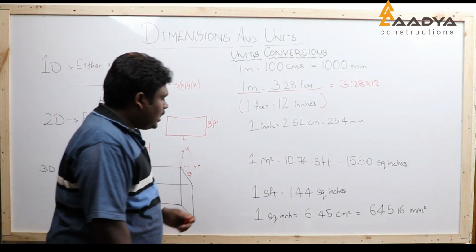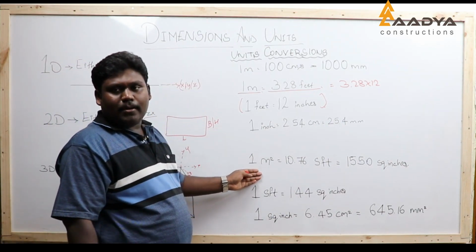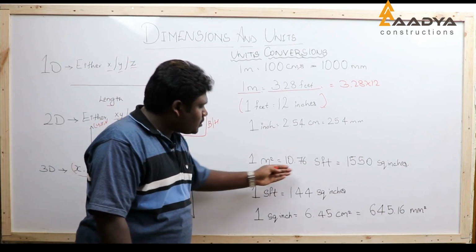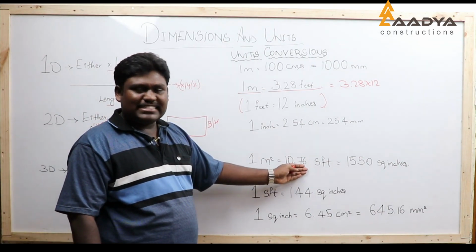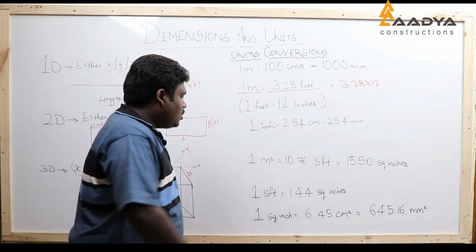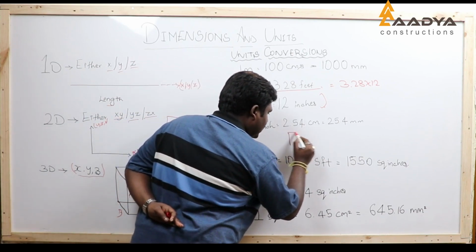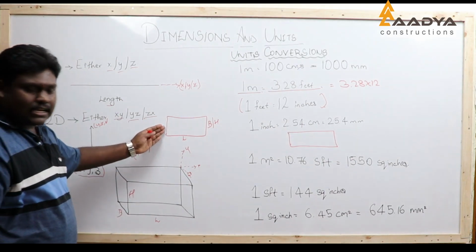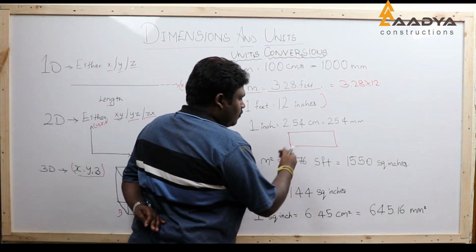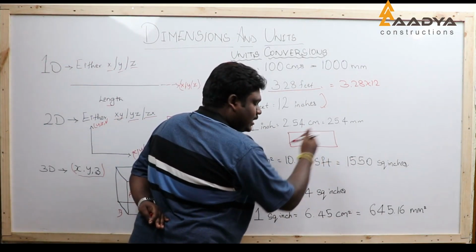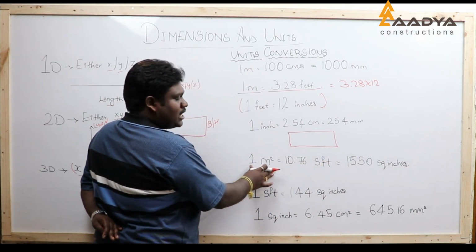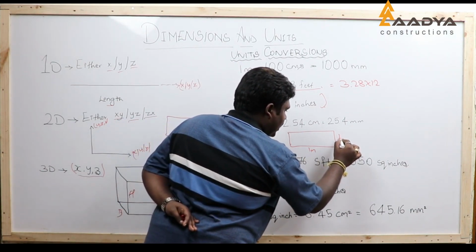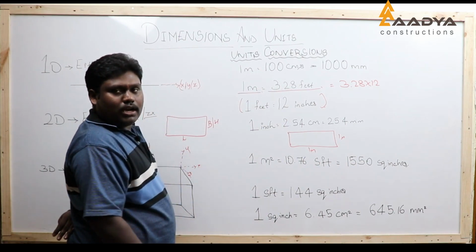Next, coming down to the areas, we have 1 meter square. So 1 meter square gives me 10.76 square feet. So how do we get this? We know that area is nothing but two-dimensional, as we discussed earlier. In two-dimensional we have length and breadth or height. So 1 meter square consists of 1 meter of length and 1 meter of breadth or height.